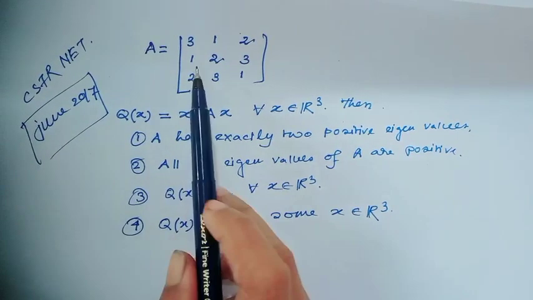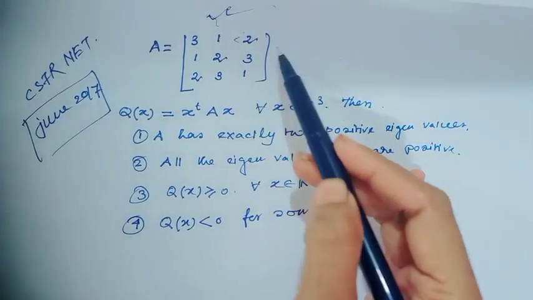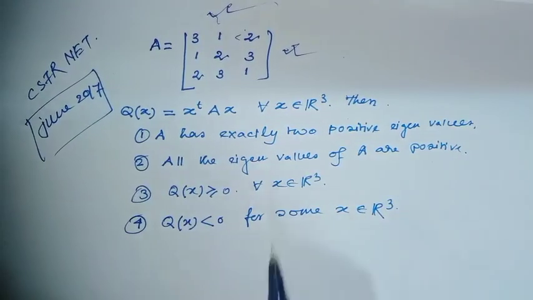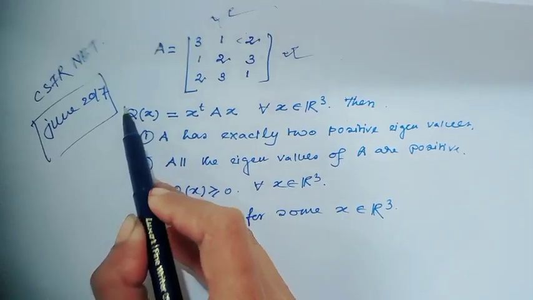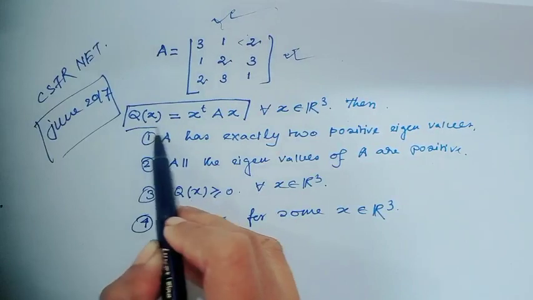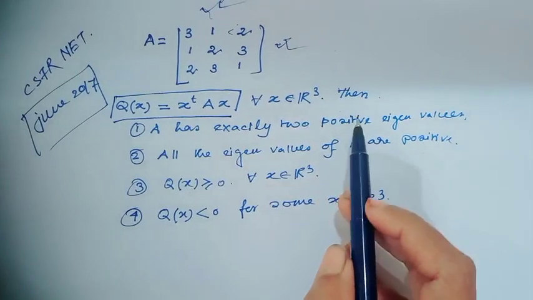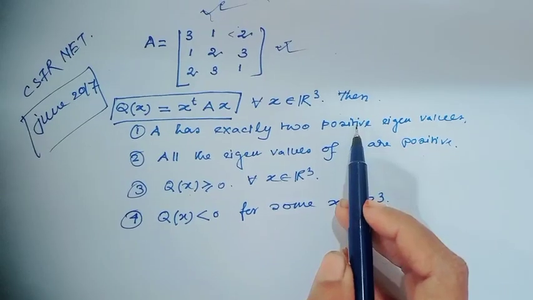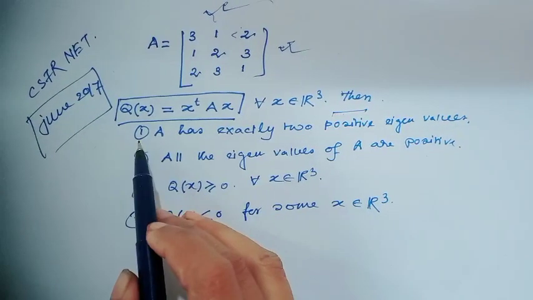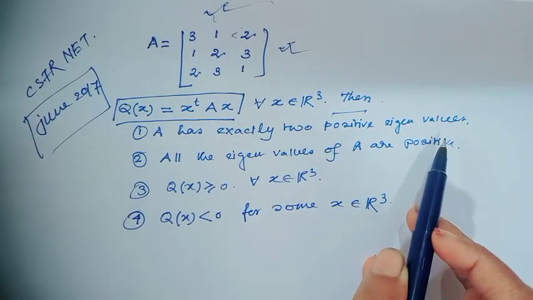The question is, consider this matrix. Notice this matrix is in symmetric form. And consider the quadratic form, all of us know the quadratic form is written as x transpose Ax, where x belongs to R3. Then option 1, A has exactly 2 positive eigenvalues.